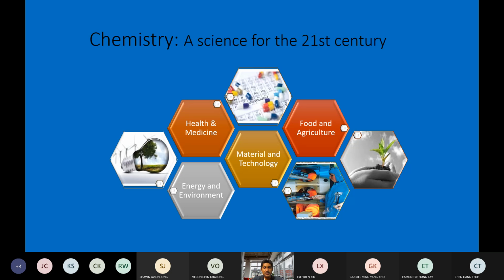Many of you have taken foundation, and then there was the project, right? Energy project, renewable energy. So you have seen that much of it is related to chemistry as well. If you go into the basics of material technology, the production or developing of new materials, chemistry knowledge or chemical information will be needed. Food and agriculture, of course, everything is very much related to chemistry. So that is why chemistry is a very important thing for our 21st century.